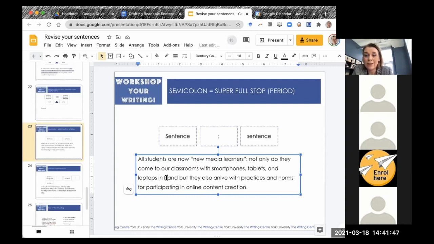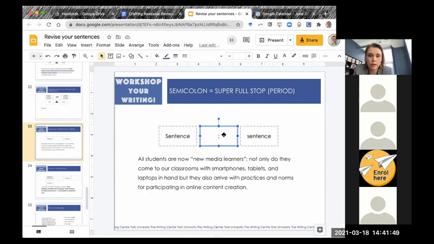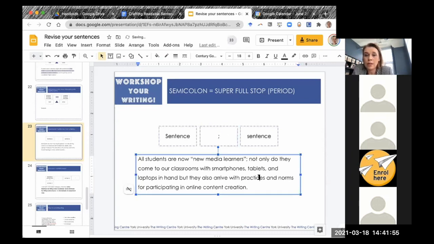All right, so instead of putting a period, we put a semicolon. And the reason we do that is we want our reader to understand that these 2 sentences are deeply connected to one another. So use this only rarely.